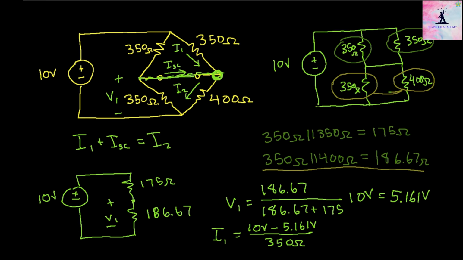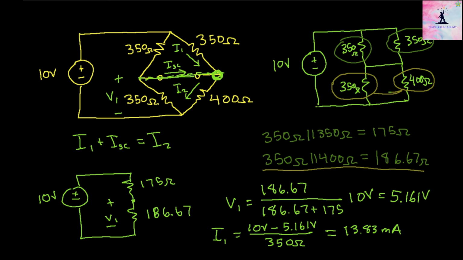When I compute this, I get that I1 is equal to 13.83 milliamps.